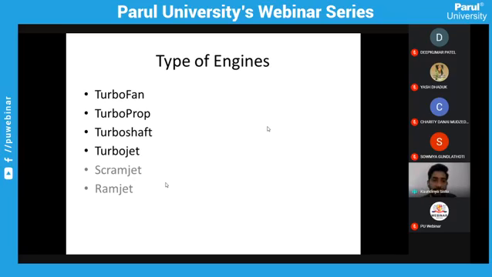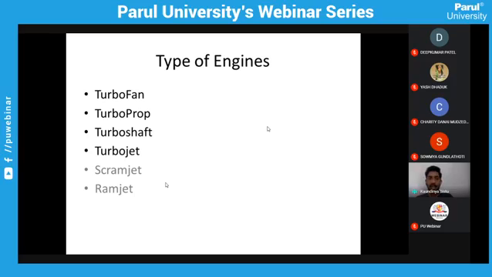Out of these six, scramjet and ramjet are mainly used in fighters, because their output is very high and their fuel-to-thrust efficiency is very low. Because I belong to civil aviation maintenance, we will only focus on the top four engines: turbofan, turboprop, turboshaft, and turbojet.